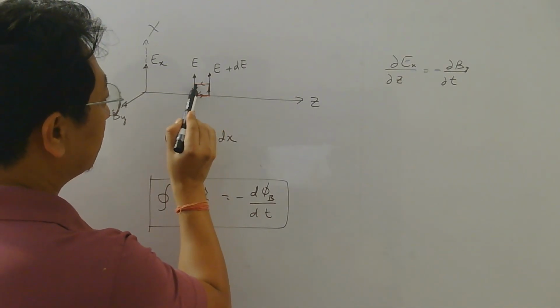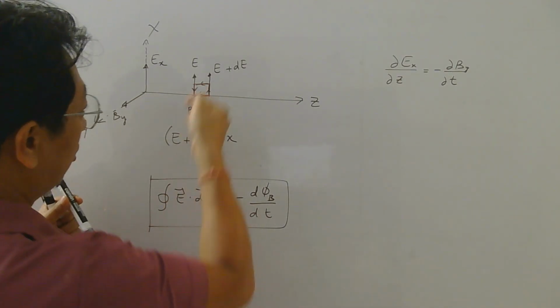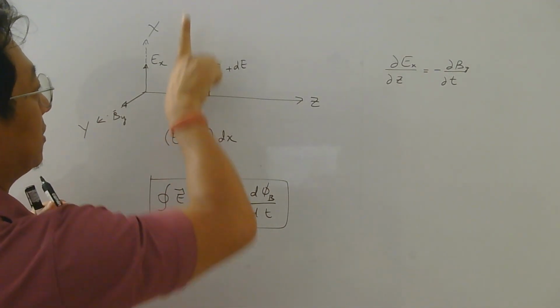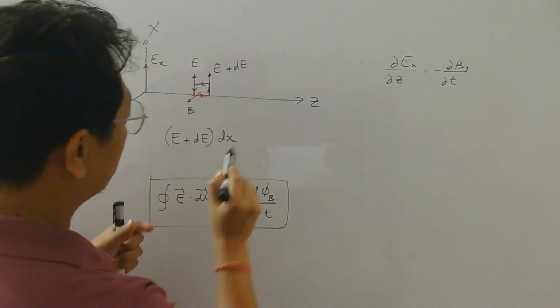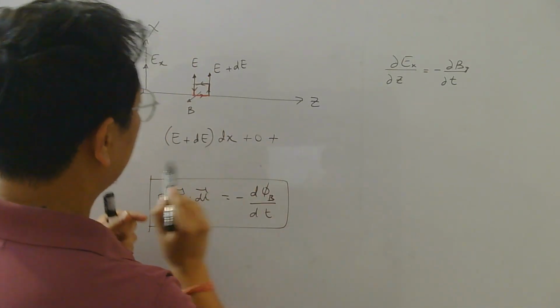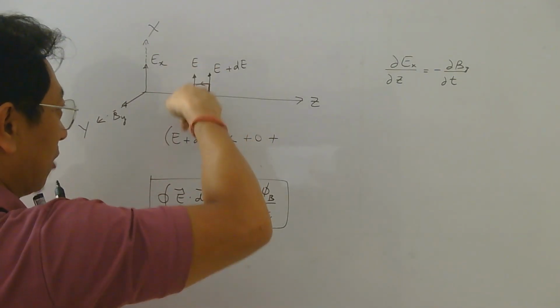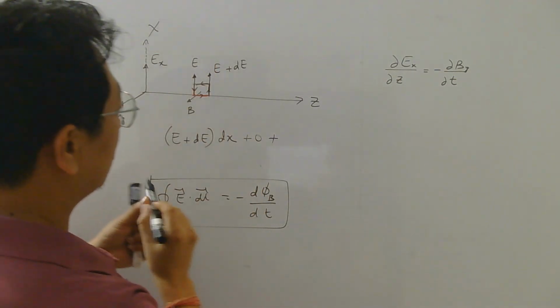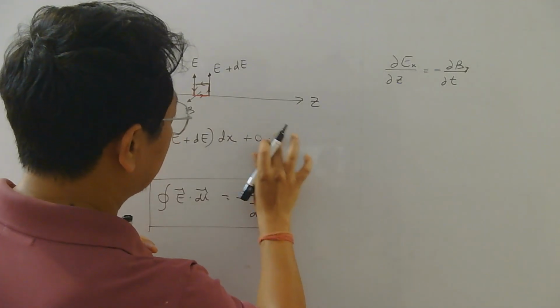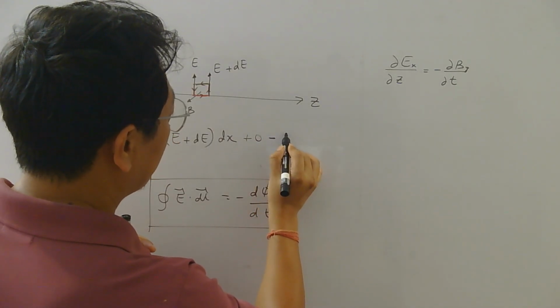Then for this part of the loop, dl is along the loop, electric field is here, so they are perpendicular, so dot product will be 0. And in the third part of the loop, dl is down, electric field is up, so dot product will give you minus, right? Cos 180 is minus.